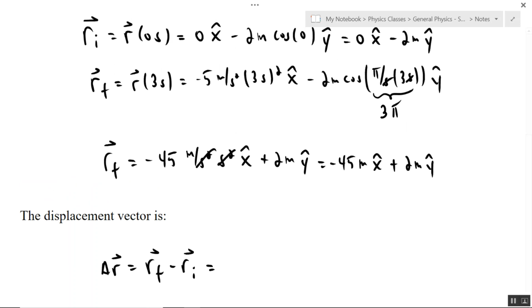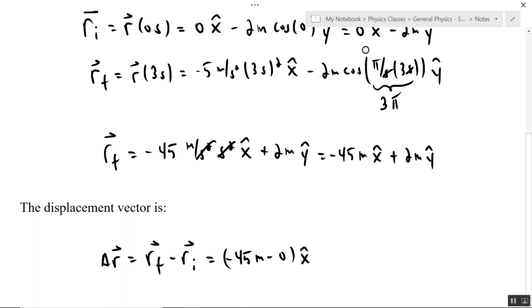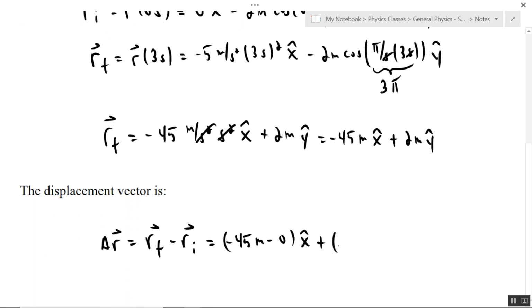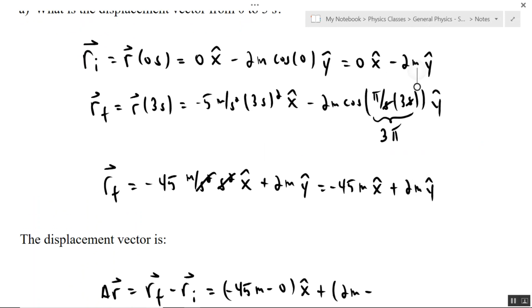So how do you find the difference of the vectors? Well, you subtract their components, right? So the x part is easy. It's minus 45 meters minus 0, because it started at 0, and the x part was 0. And then plus 2 meters, the y part here is 2 meters, minus the initial y part.